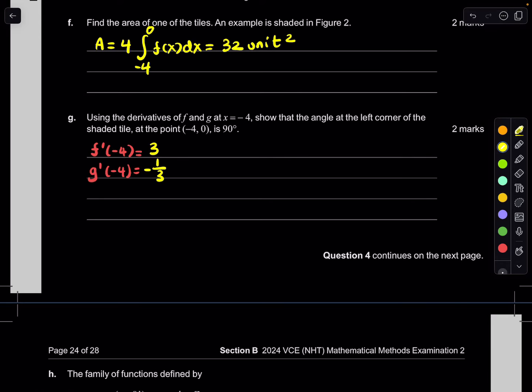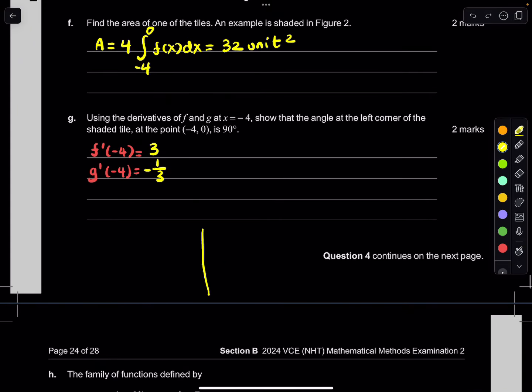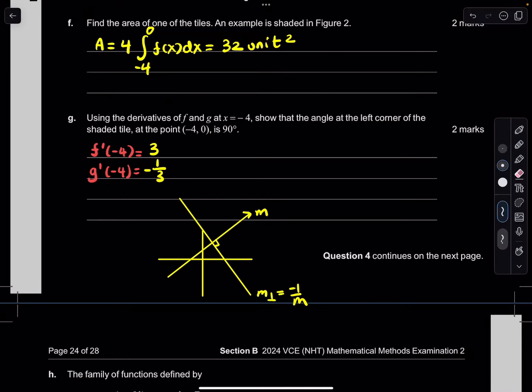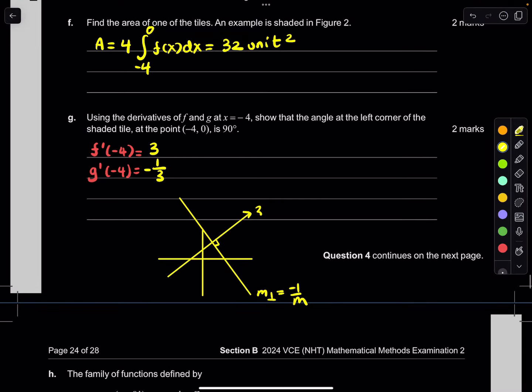You should straight away realize that they fit the formula for perpendicular gradients. If you have a line with gradient m, and another line perpendicular to it, we know that the perpendicular gradient is negative 1 over m. And isn't that what this is? In this case m is 3, so the gradient of the other one should be negative 1/3, which it is, can you see? So you can use that to show it.